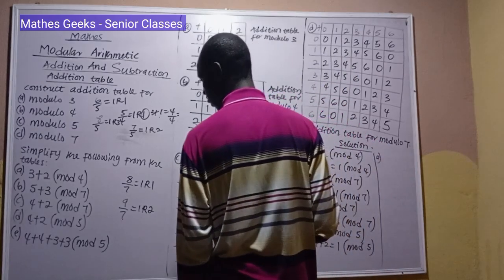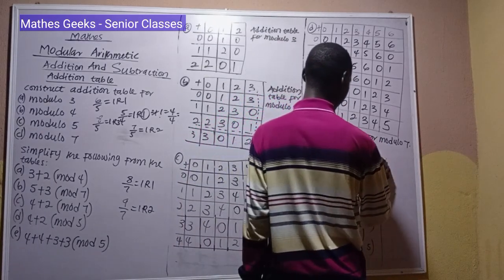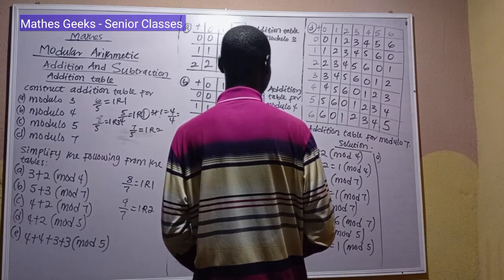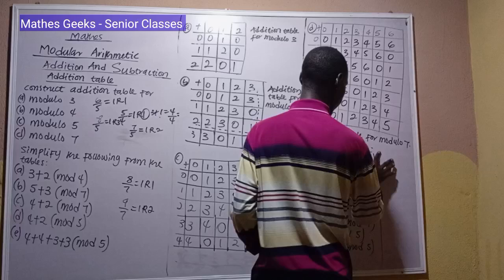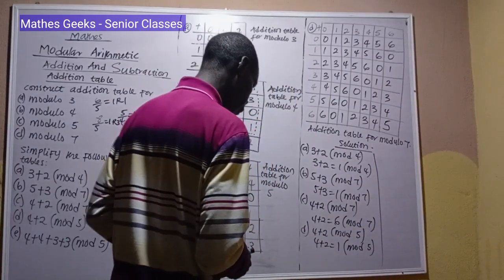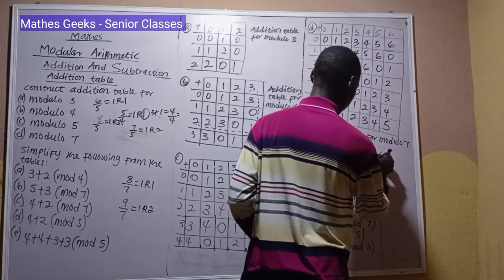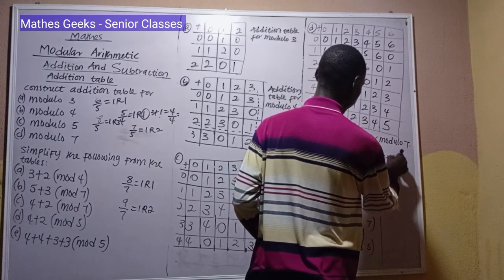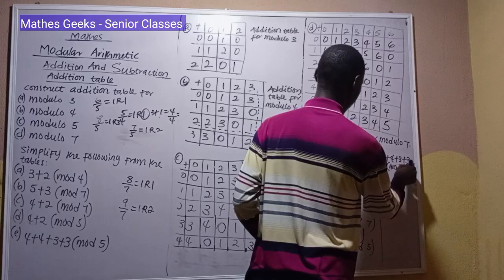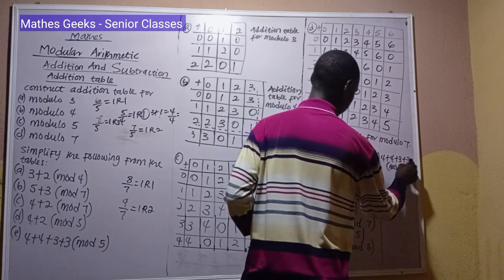E is 4 plus 4 plus 2, which will be done in mod 5.